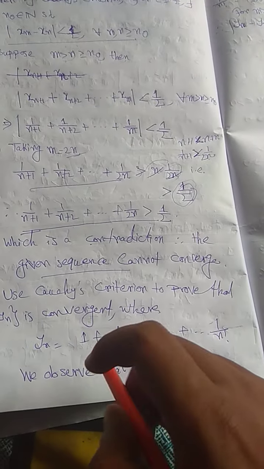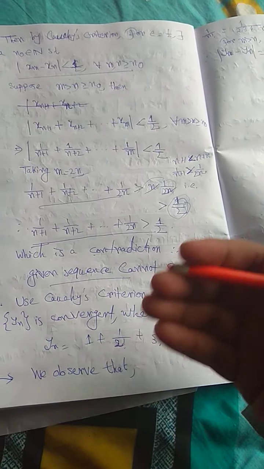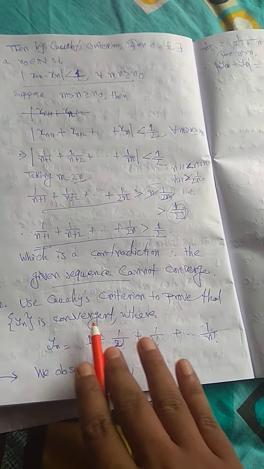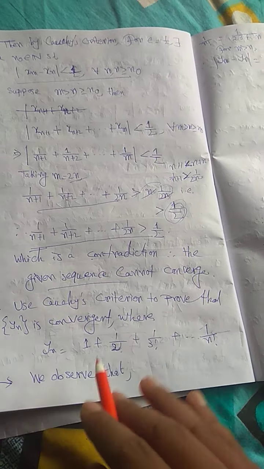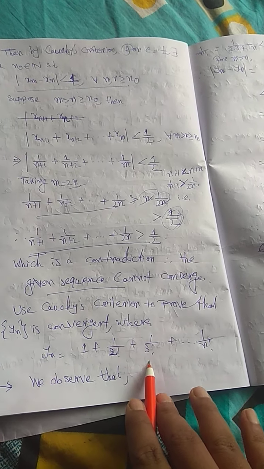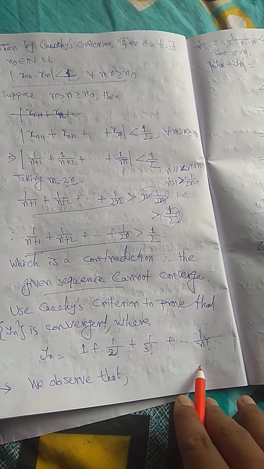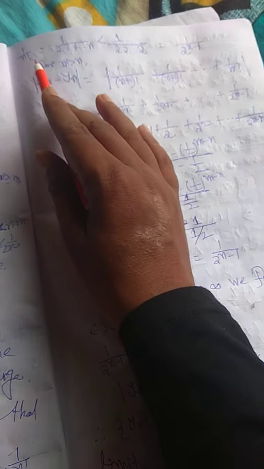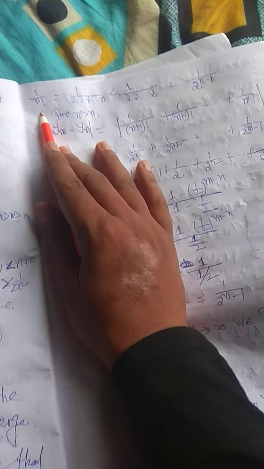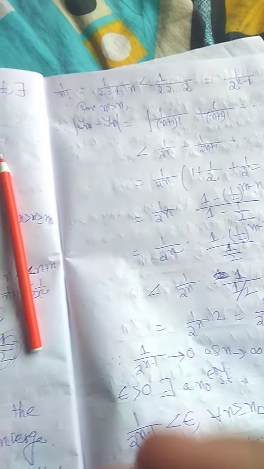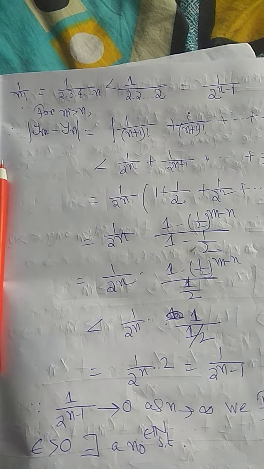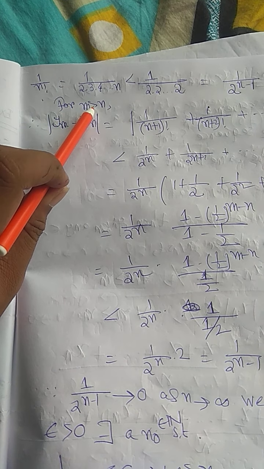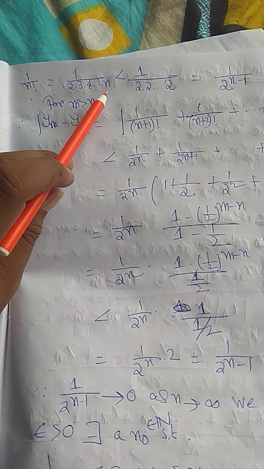Now the yes part. That means another example which gives you the affirmative answer. Use Cauchy's criterion to prove that y_n is convergent, where y_n is 1 plus 1 by 2 factorial plus 1 by 3 factorial up to 1 by n factorial. We observe that 1 by n factorial means 1 by 2, 3, 4, dot dot dot n.